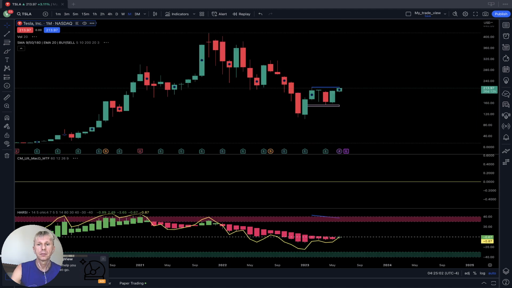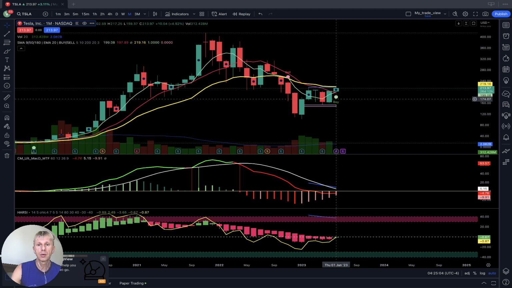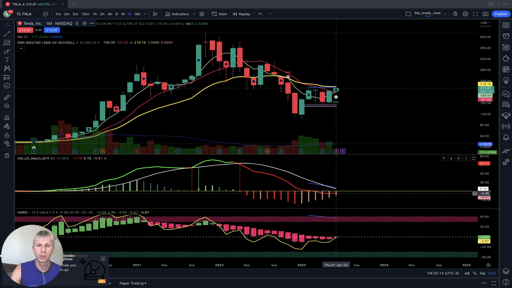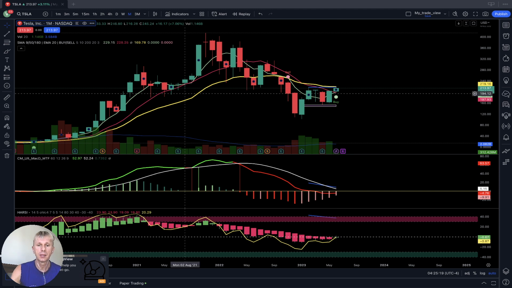Monthly time frame, buy signal, bullish crossover, MA5 did a bullish crossover over 10, still below 20. MACD is still red, bearish below zero line. Heikin changed color to green. Tesla on monthly time frame is getting positive on all indicators.